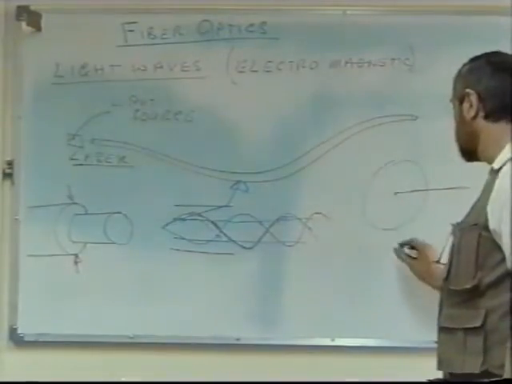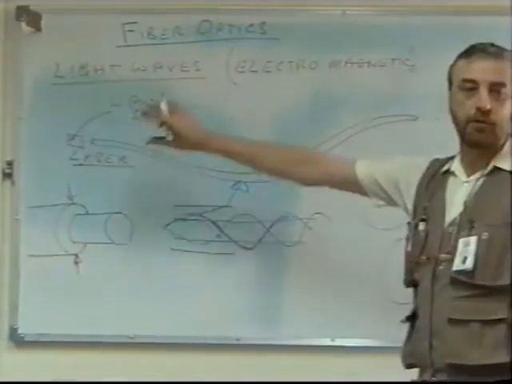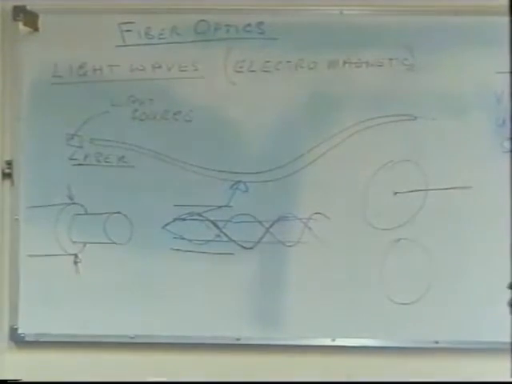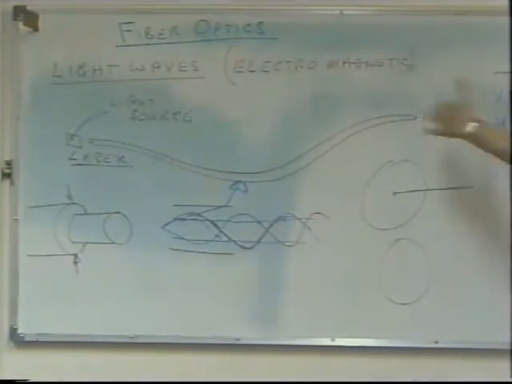You know, many hundreds of these perhaps in one bundle to go between cities. So the bandwidth is quite enormous, quite large, that they've now got between major cities within the country. And this is what we call the backbone of your telephone system, which carries all your trunk lines between cities.